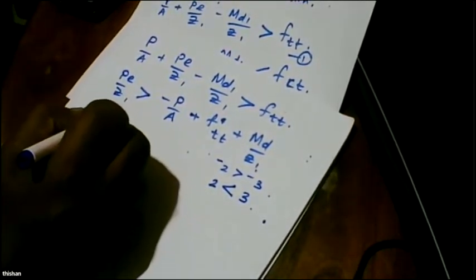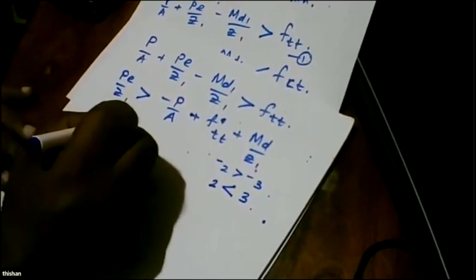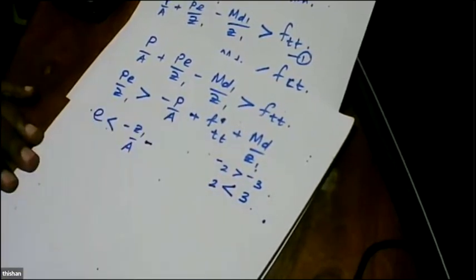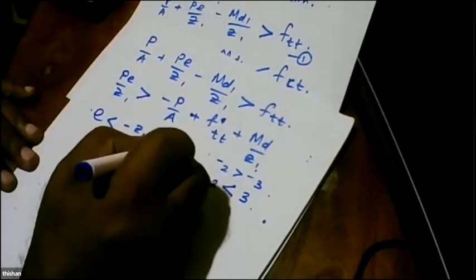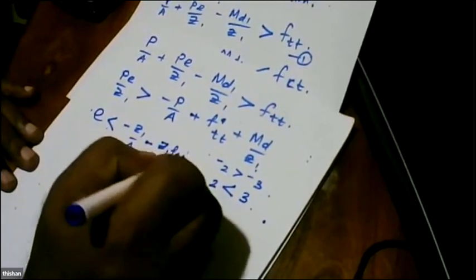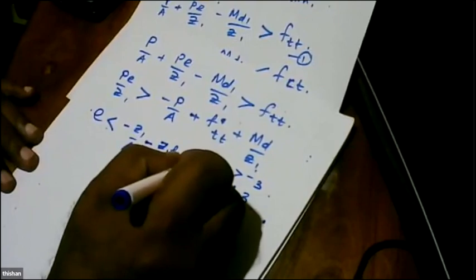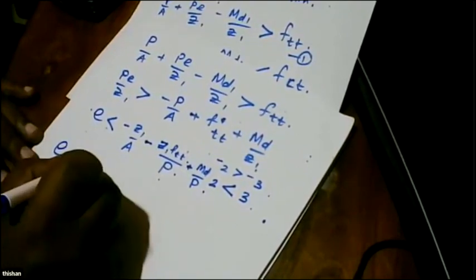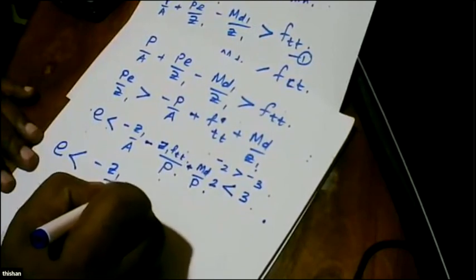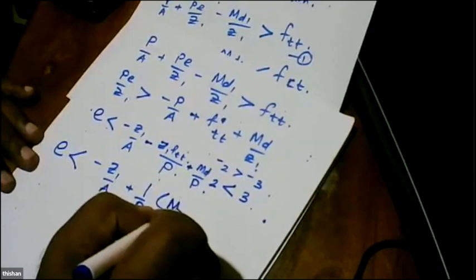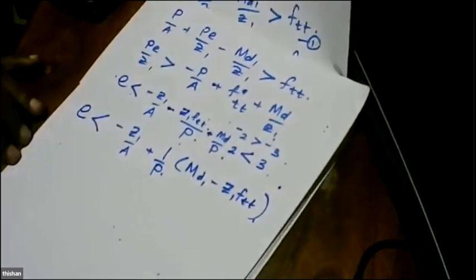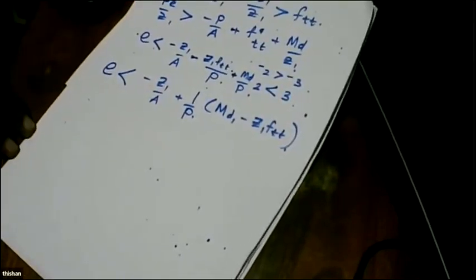E should be less than minus Z1 over A plus 1 over P, MD1 minus Z1 FT.